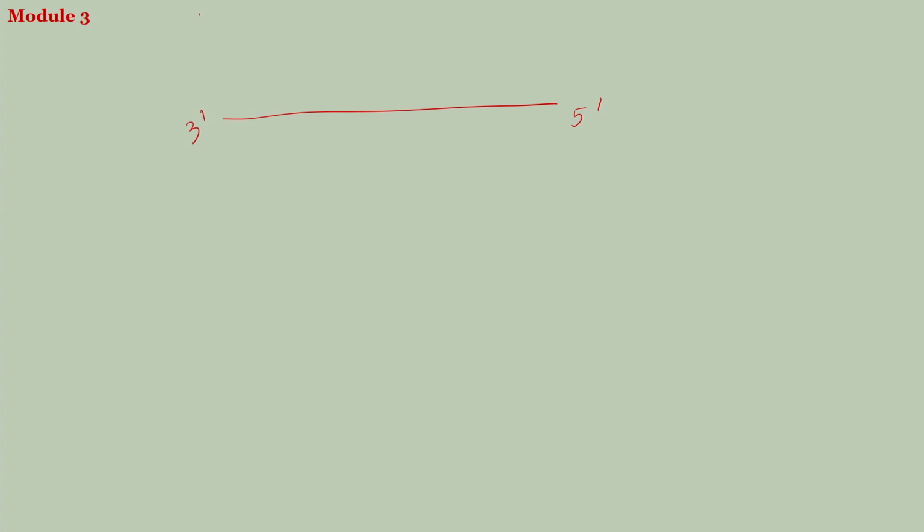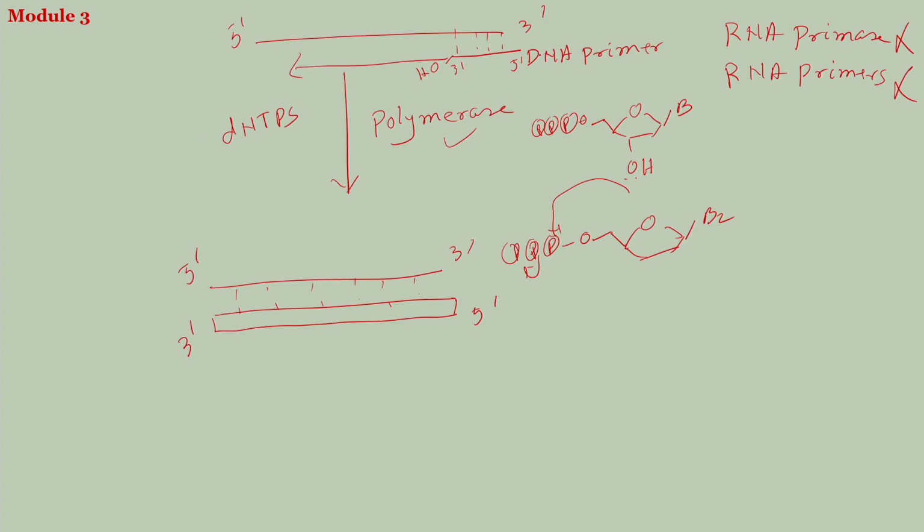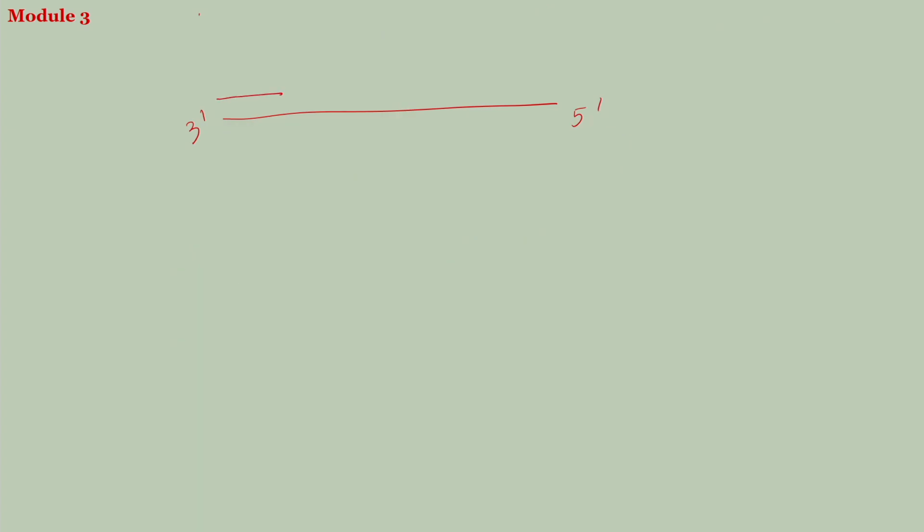Your reaction always starts from the 5 prime to 3 prime direction. What is the 5 prime to 3 prime direction? Here, 5 prime to 3 prime. So, you are not starting somewhere in the middle, you are starting at the very end, just like the leading strand.